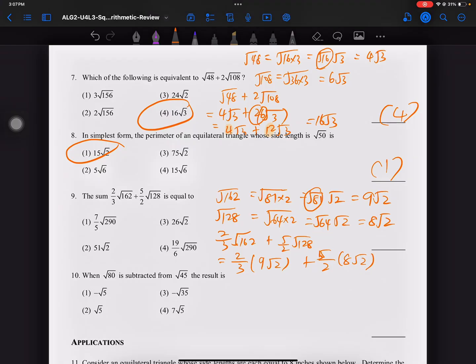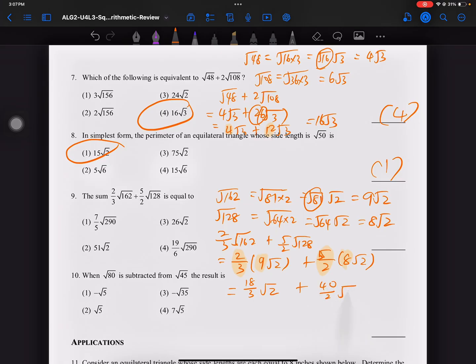Then we multiply the whole number with the whole number, meaning we multiply the fraction with the outside number, this and this. Okay, so we will have 18 over 3 √2 plus 40 over 2 √2.